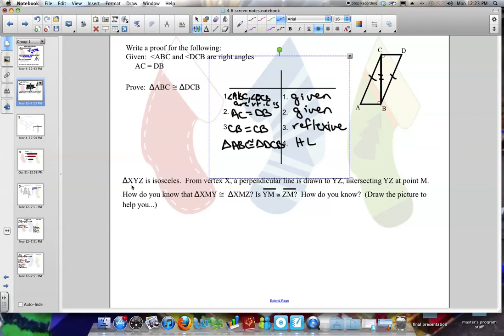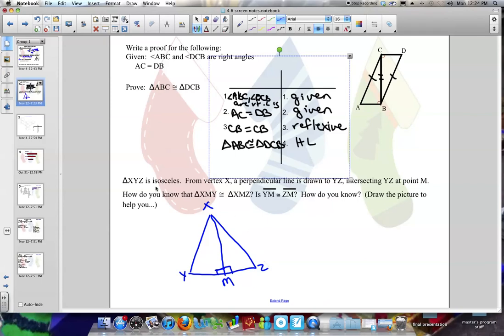Another way we can use the HL theorem is in this example, triangle XYZ is isosceles. It says the vertex angle is X, so I'm going to put X at the top. And it says a line is drawn perpendicular, that means it has right angles, to YZ, intersecting YZ at point M. The question is, how do you know that triangle XMY is congruent to triangle XMZ?